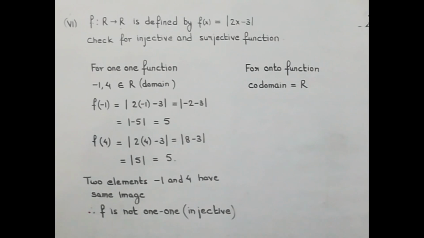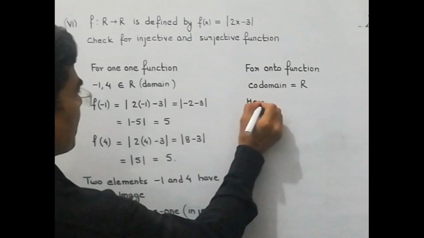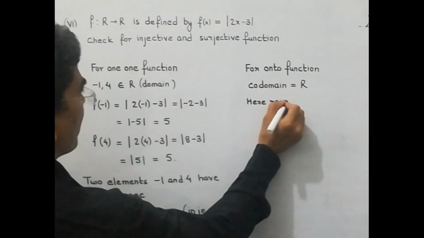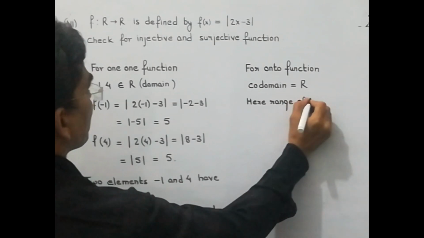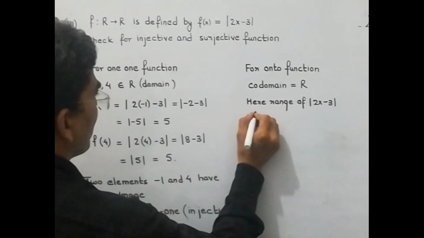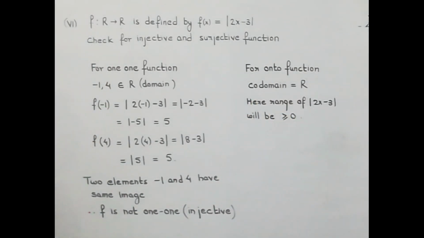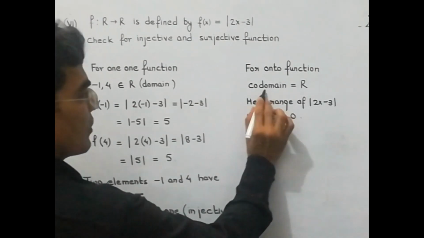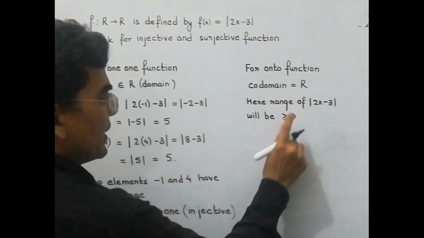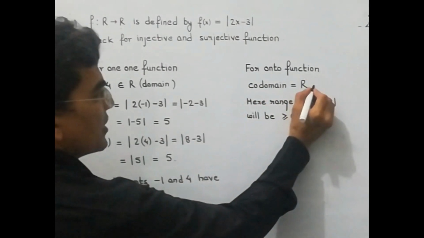So we can write range will be either 0 or it will be greater than 0. So we can write the range. Now here range can be written like this, means no negative values, whereas codomain was having negative, positive, both the values. See, you can write it like this.